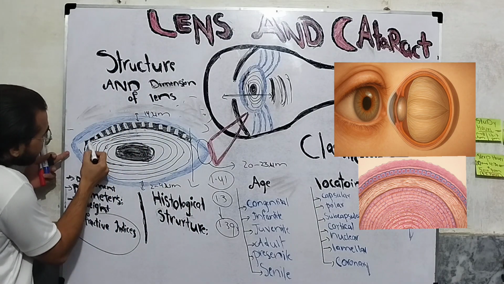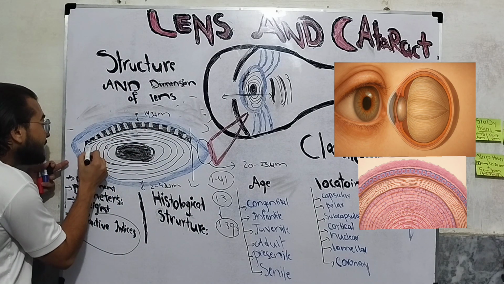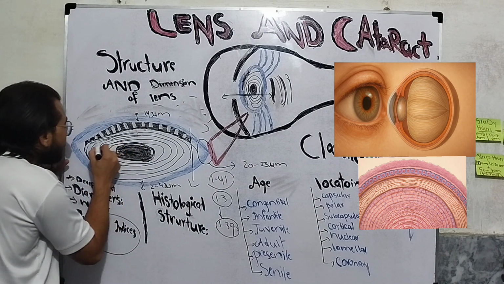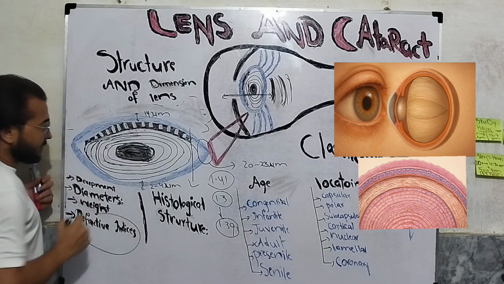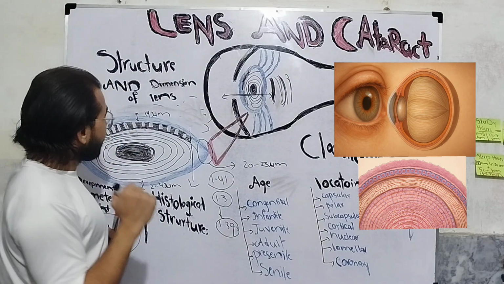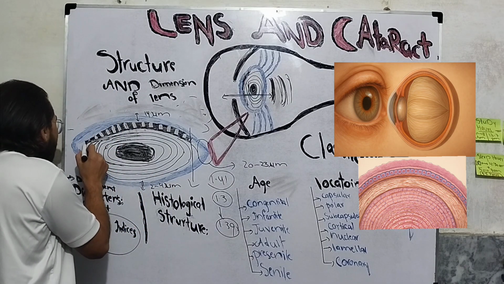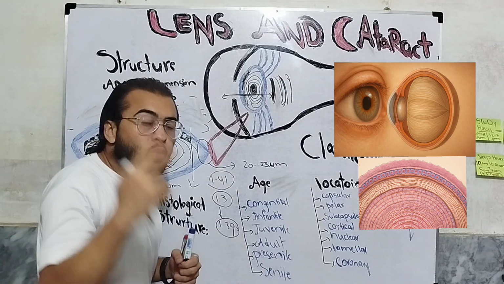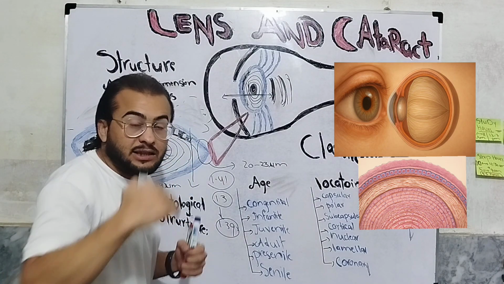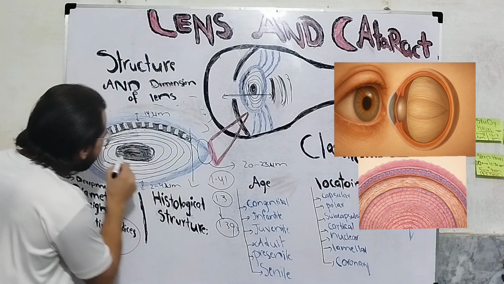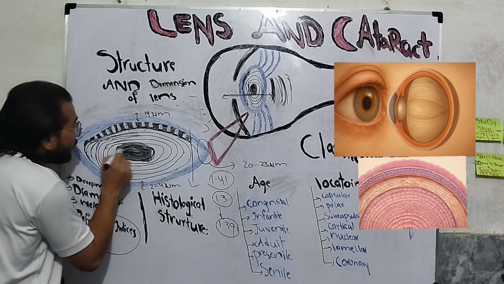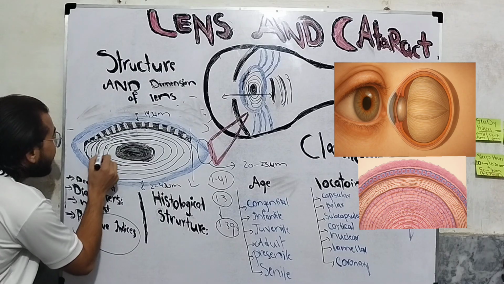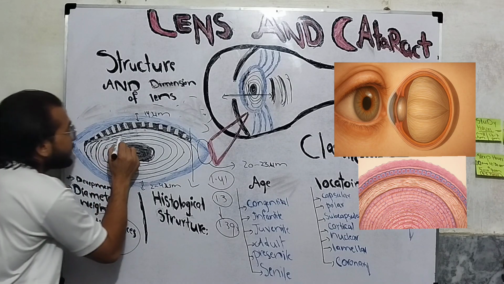The epithelial cells, when they come to this equator region, elongate and form the lens fibers. So remember, on this new formation of the lens fiber, we have two regions in the lens. We have the central region, which is called the nucleus, and we have the peripheral region. This is the cortex, okay?